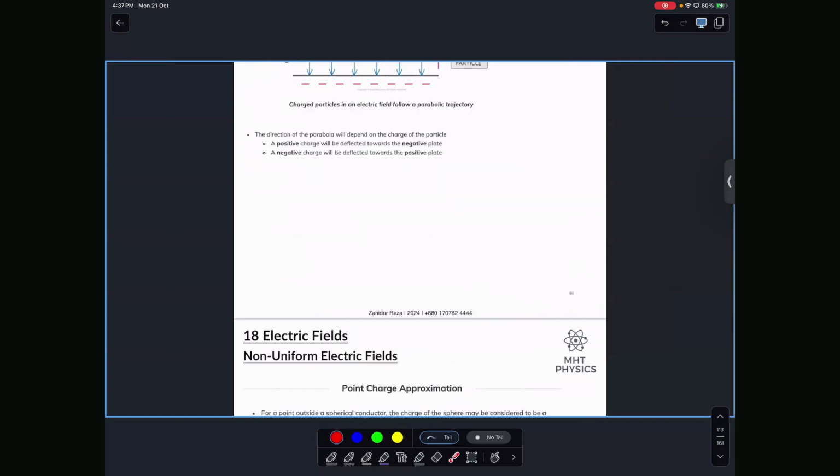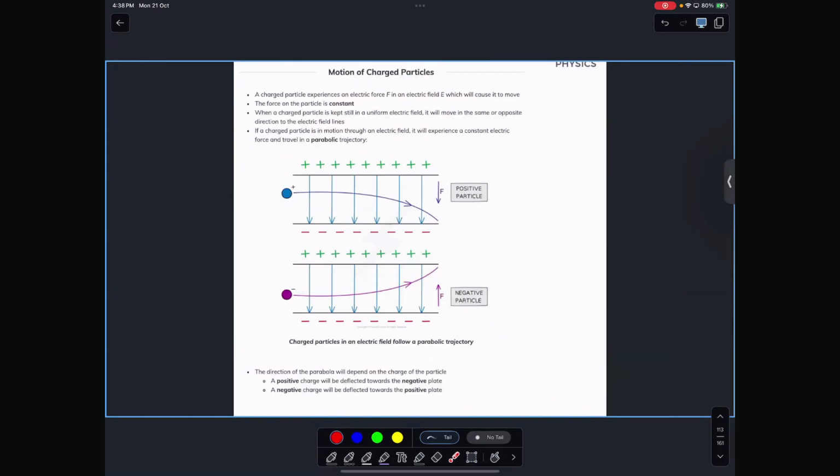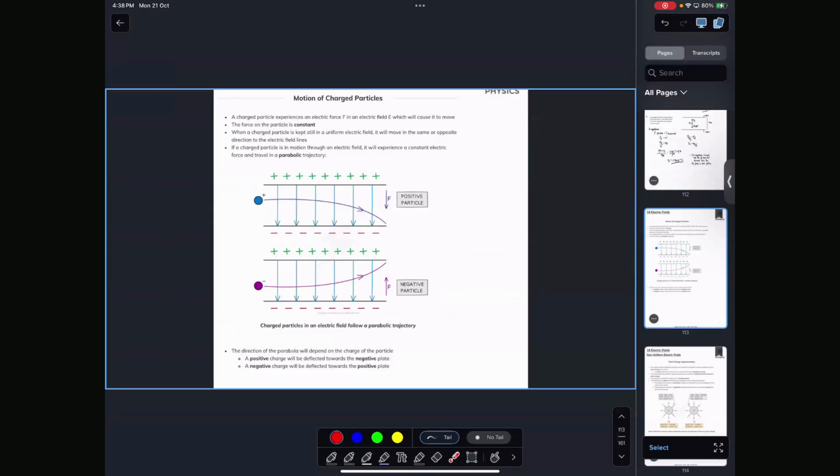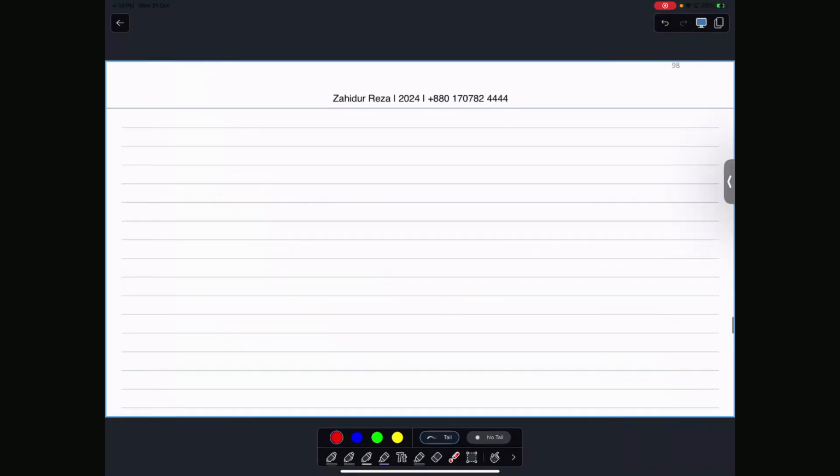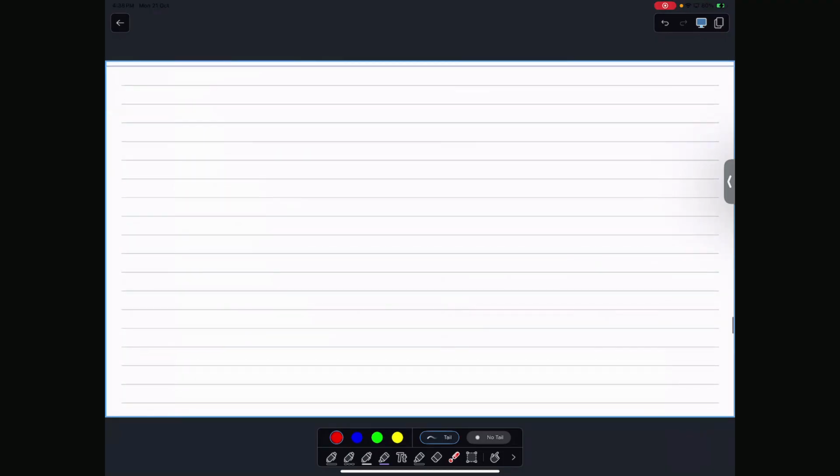Now go to page 98. This is the path of charges in an electric field that's perpendicular to the field. Okay, so this is a uniform electric field, and projectiles.